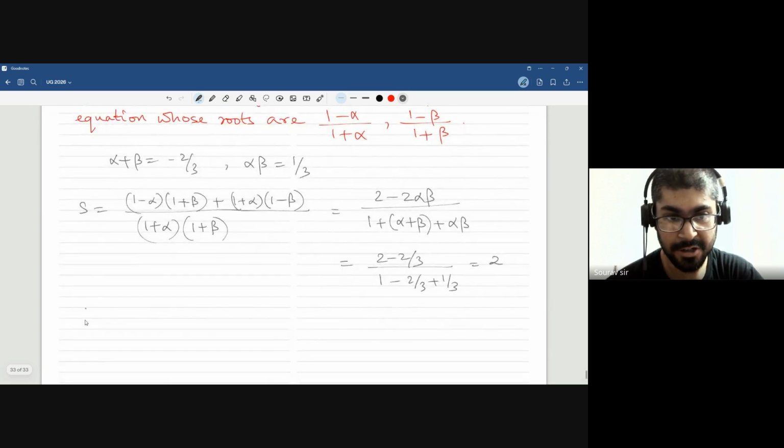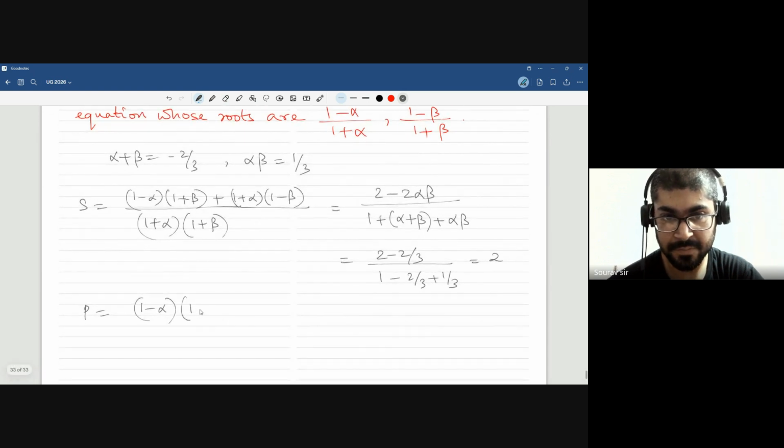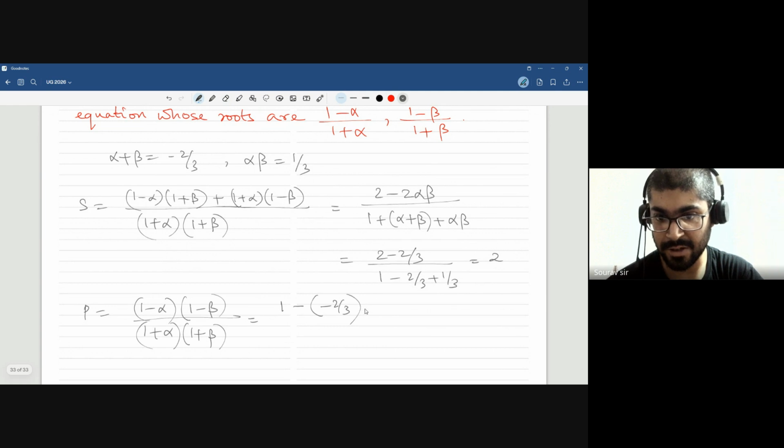So then you have product. Product is 1 minus alpha into 1 minus beta divided by 1 plus alpha into 1 plus beta. So the denominator will be just the same, right? And the numerator will be 1 minus 2/3 plus 1/3, and the denominator will be 1 minus 2/3 plus 1/3, right? It is the same, just the interior part will be minus.